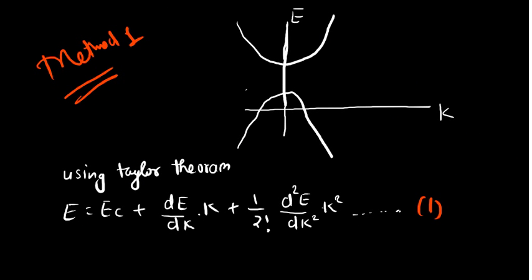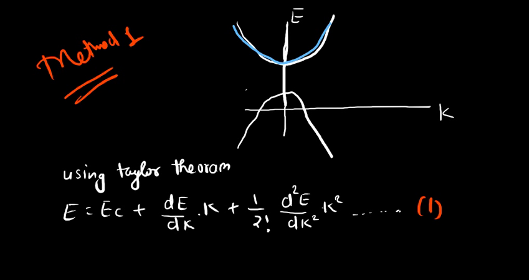For some semiconducting material, the graph of E versus K is given by a curve like this. Using Taylor's theorem, we can find the nearest curve to the given experimental data.